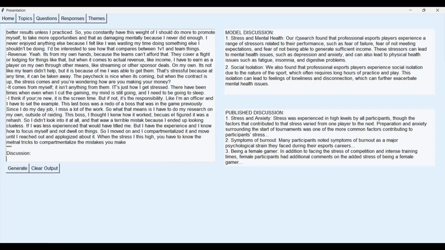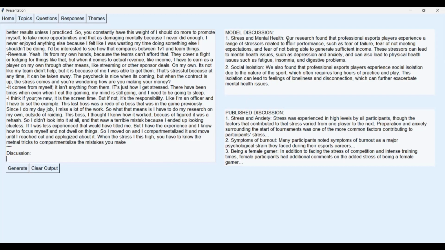And if we look through the discussion sections, we will see a link between them, where this one again discusses anxiety and mentions stress later on. In the discussion, it also mentions more about anxiety. But we do see stress at the beginning, anxiety here, and how it's related to their performance.